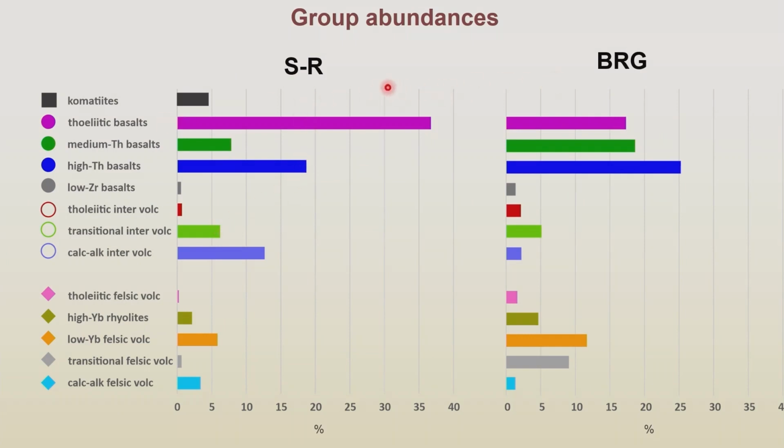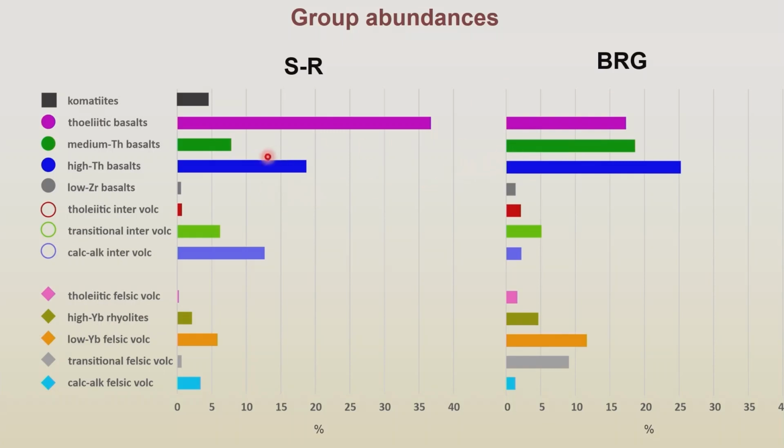For the Stoughton-Roquemaure, we have komatiites that don't occur in the Blake River group, and we have to notice the two most common geochemical groups, which are tholeiitic basalts and high-thorium basalts in both cases. For the Stoughton-Roquemaure, we have more of the tholeiitic basalts. For the Blake River, we have more high-thorium basalts.